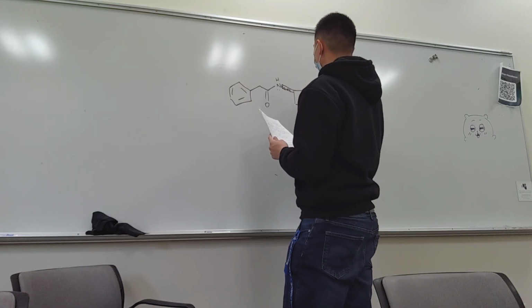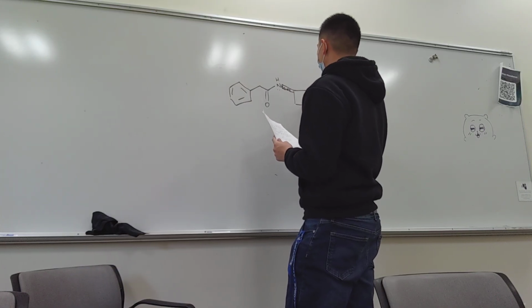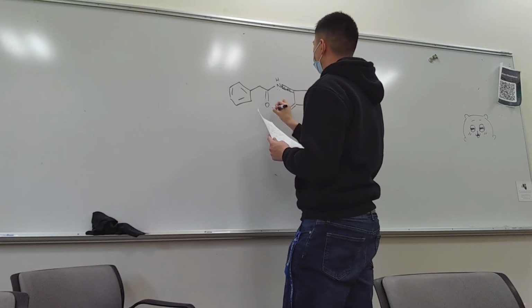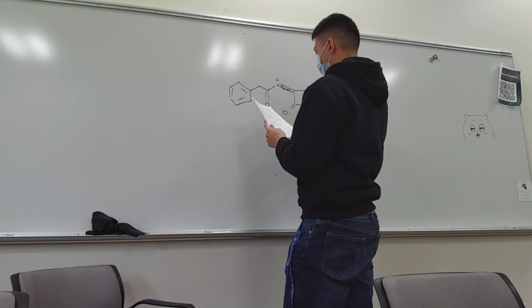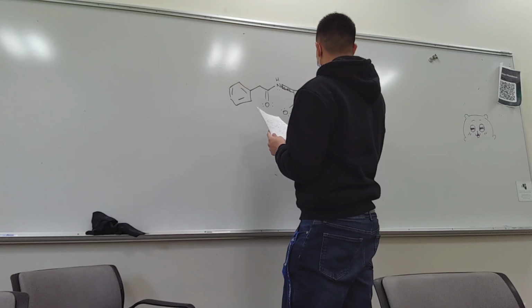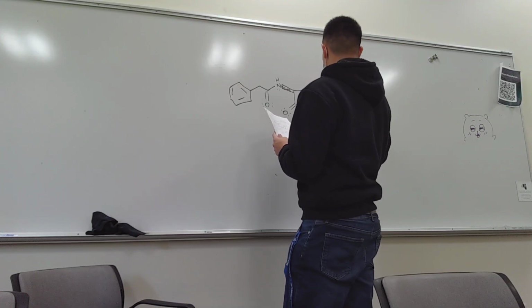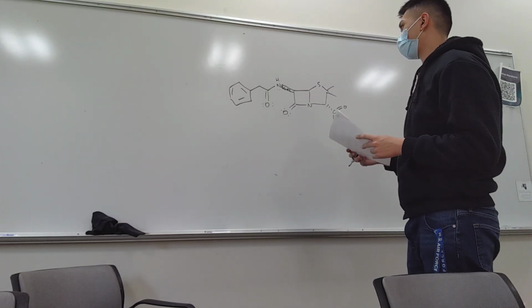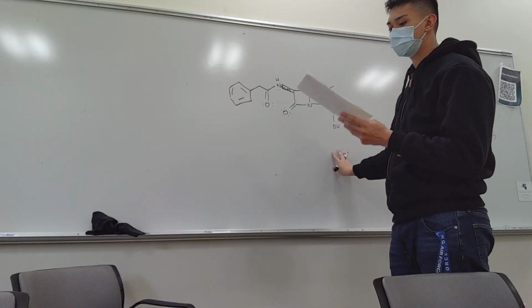And something very interesting, a four-membered cyclic ring. And a carboxylic acid. Okay, so this is penicillin G.